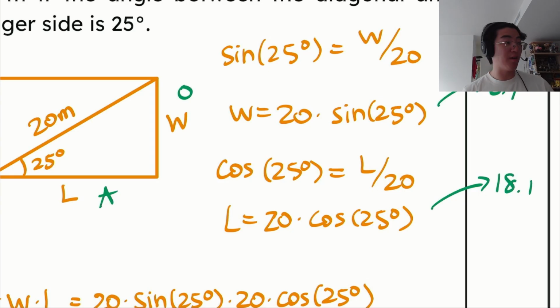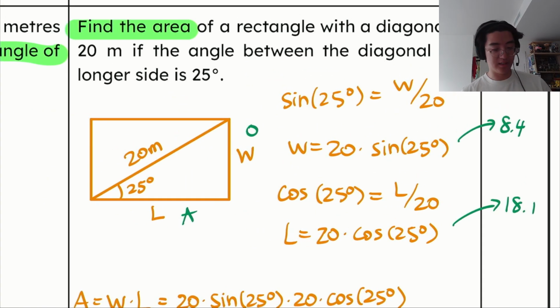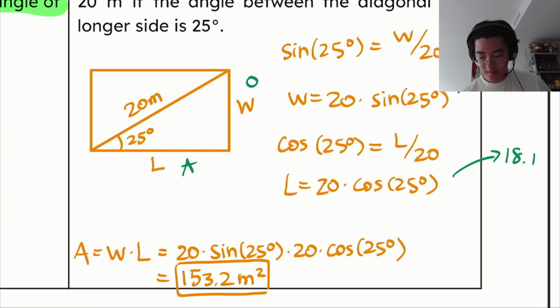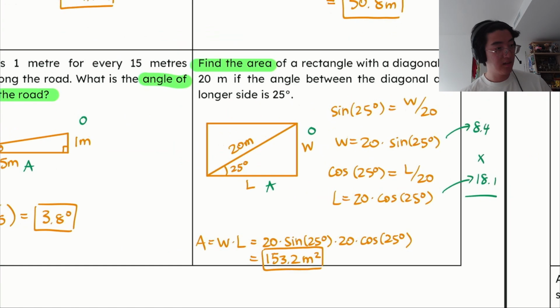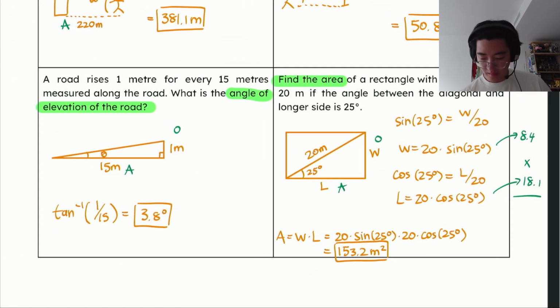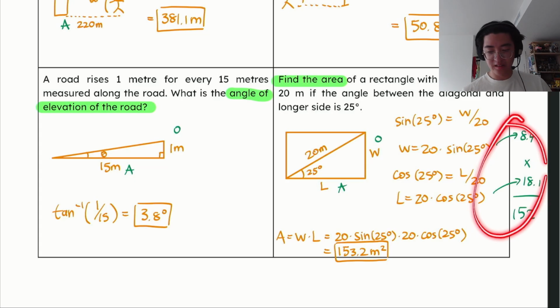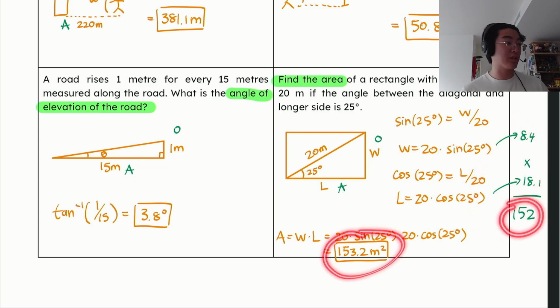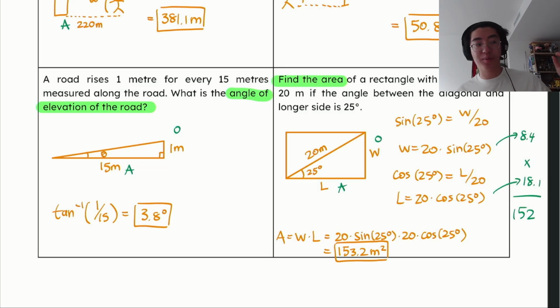So this is when I rounded both of those to one decimal place, and now if I multiply those, I would get 152.0. So again, as you can see here, if we rounded early, we get a different answer than if we just put everything together. So don't ever round early, just multiply everything together, so you get the exact decimal.